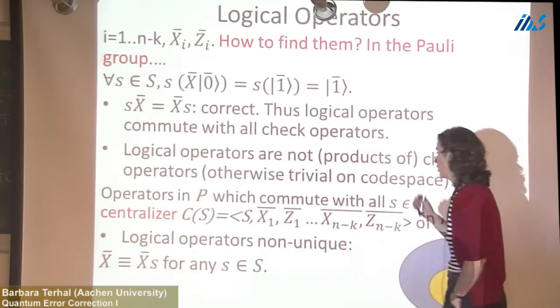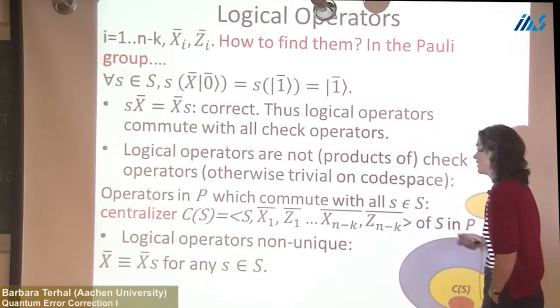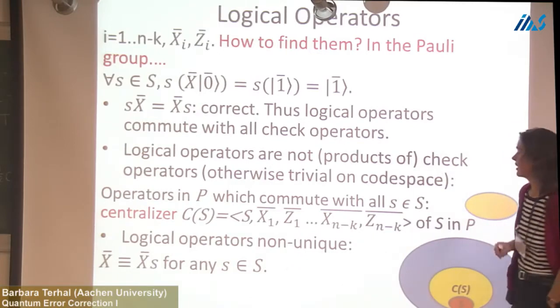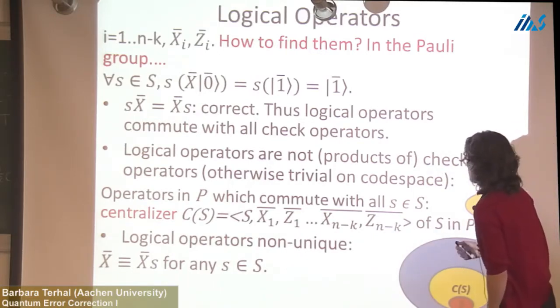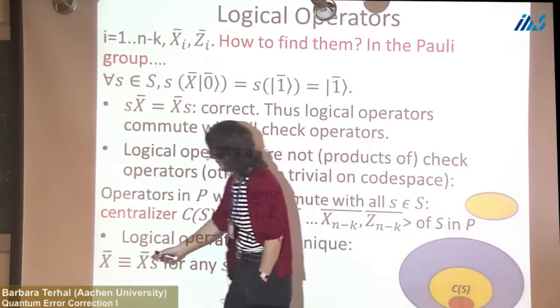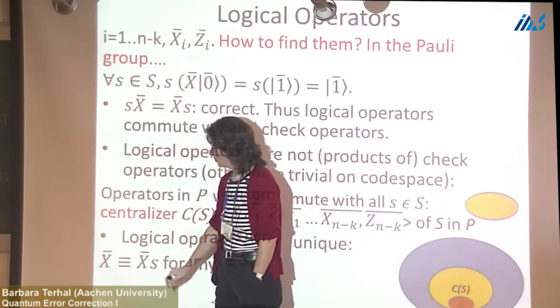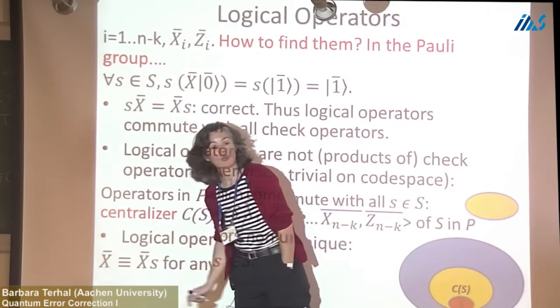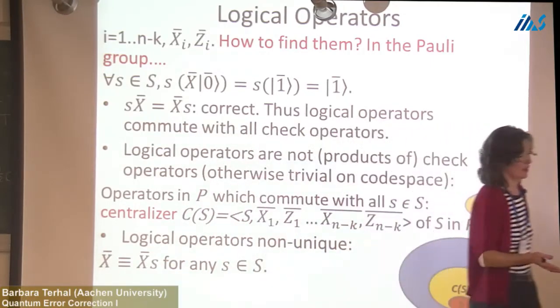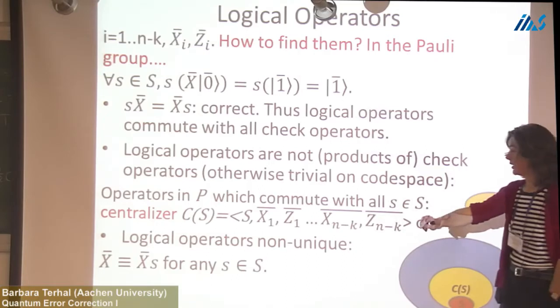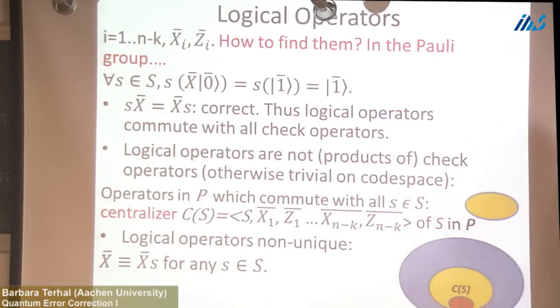One important point is that the logical operators are not unique. Why? Because I can easily multiply a logical operator by an element in the stabilizer group, and it will become the same logical operator, because that element in the stabilizer group has trivial action.